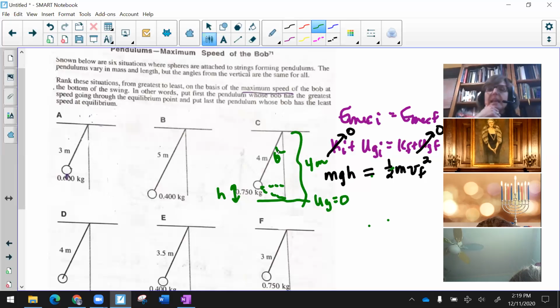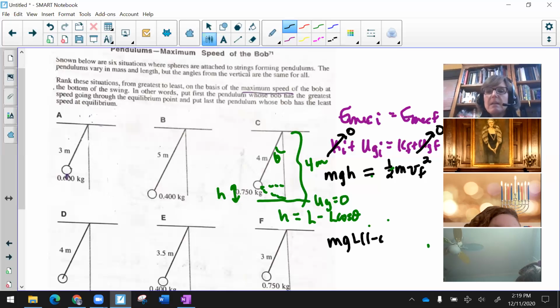And if this is theta, and we talked about this yesterday, then remember h is L minus L cosine theta. So that's the formula that Fiona was talking about. But remember that theta is the same. So we've got mgL(1 minus cosine theta) is 1/2 m v final squared.